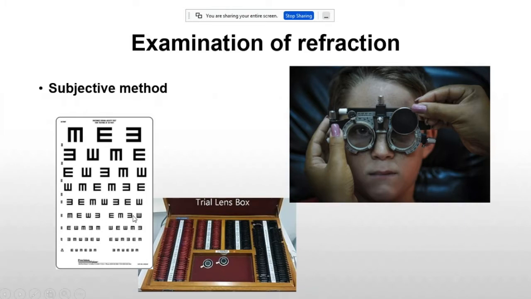So we have to decide through the subjective method whether it is a refraction error or a disease, or what refraction error we can expect. Can he or she be emmetropic?